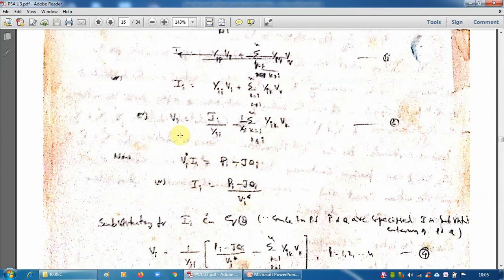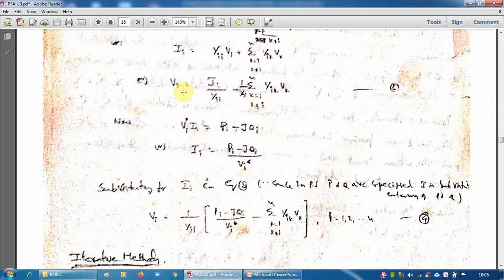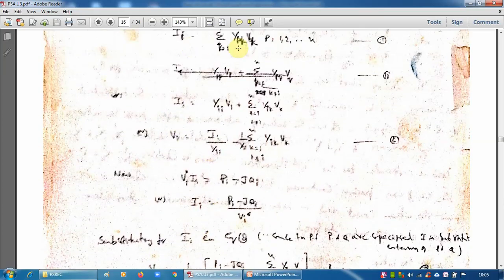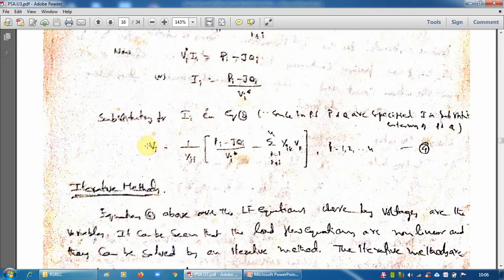Now we substitute Ii here in this expression. So finally this expression will take this form, Vi equal to, by making use of this and this. So this is the expression. Note that this expression is obtained from the ith term, Ii, that means the current expression. Only thing, we have written it for bus voltage V.